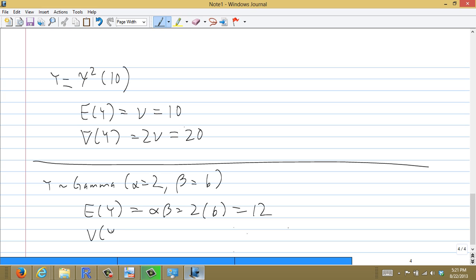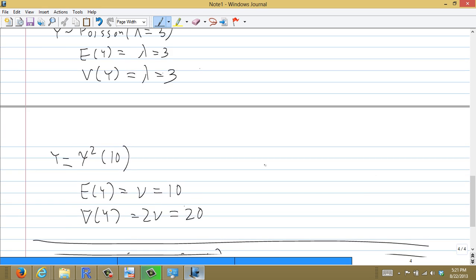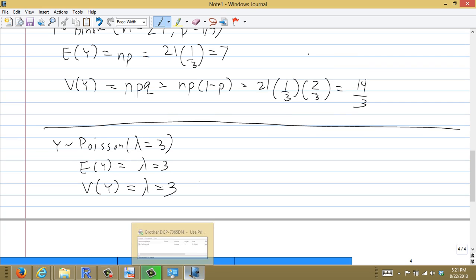And the variance is going to be alpha beta squared, which in this case is 2 times 6 squared. So we get 2 times 36, which equals 72. So we were able to calculate the mean and variance of these distributions in a fairly straightforward manner using the table of common statistical distributions.